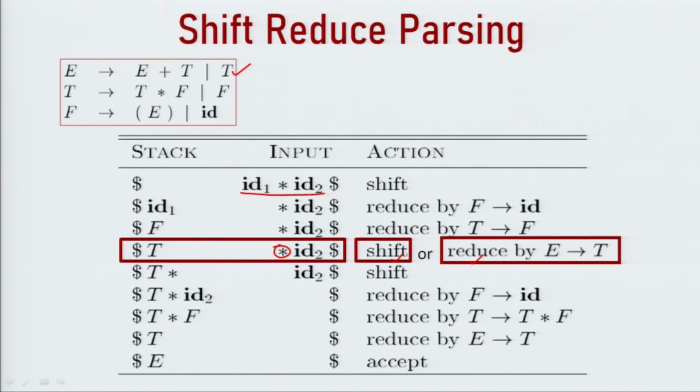It is quite possible that we shift this multiplication onto the stack. The second possibility is that T could be our handle, because T lies on the right hand side of a production, and it can be reduced using the head of the production. So we can reduce T using the production E to T. Here we have to find some logic for which operation should be performed.